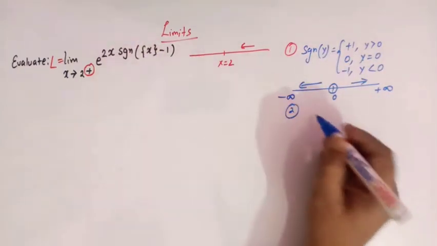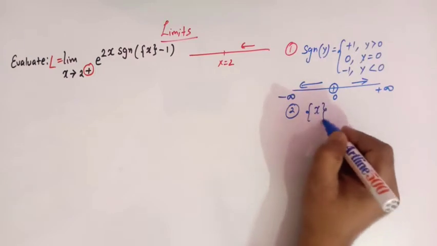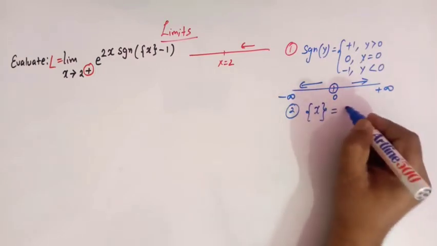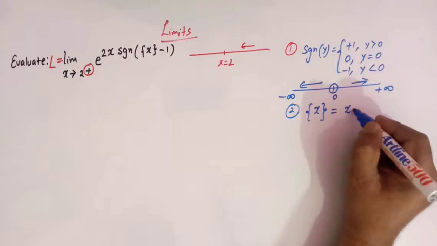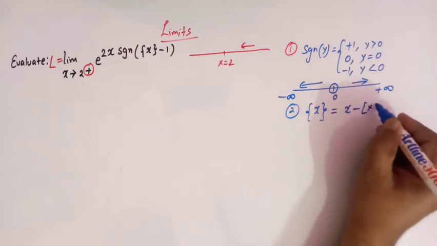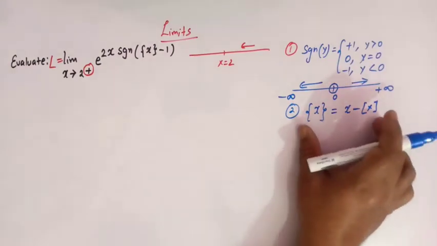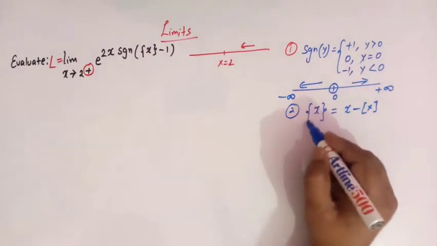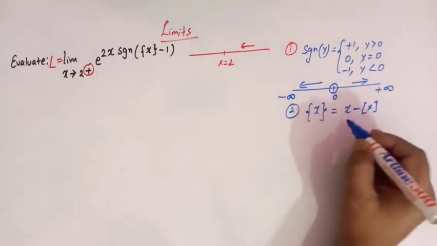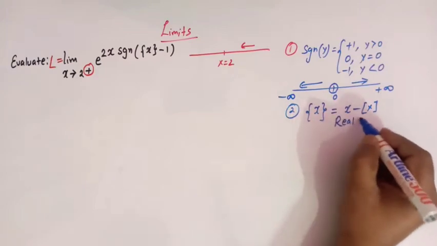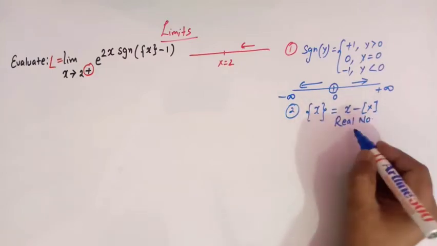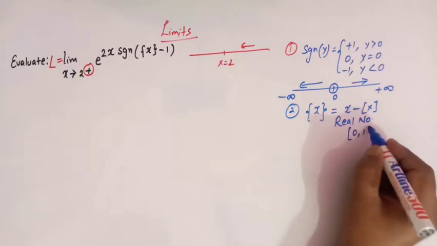And the fractional part function, that is fractional part of x, is equal to the difference of x and the greatest integer of x, right? And here the domain of this fractional part function is the set of all real numbers, and the range is from 0 to 1, right?